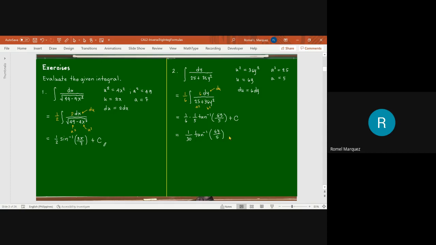If you want, you can write this as arctangent. So that's it.